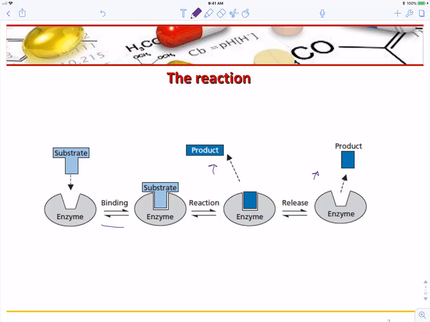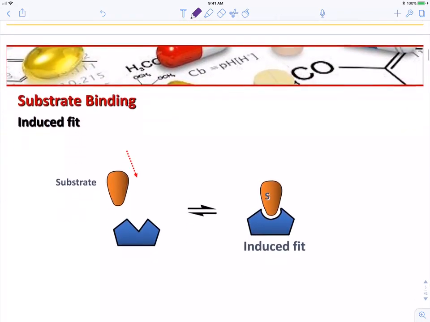The amino acids lining the cavity can participate in substrate binding or can be part of the catalytic mechanism. Often they do both. The other way by which the enzyme acts is by changing the reaction coordinates, so changing the mechanism of the reaction slightly.